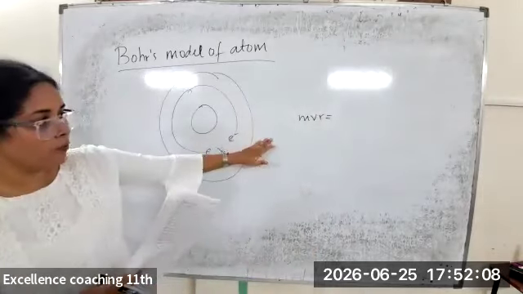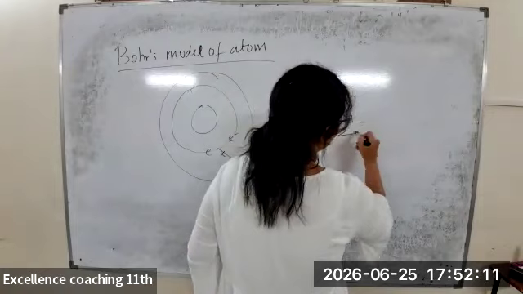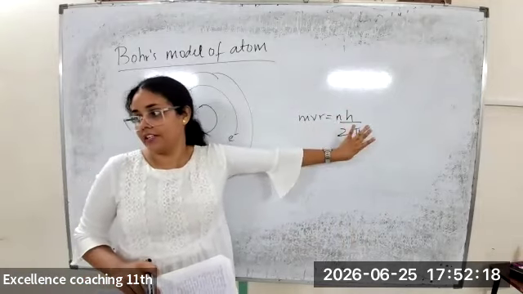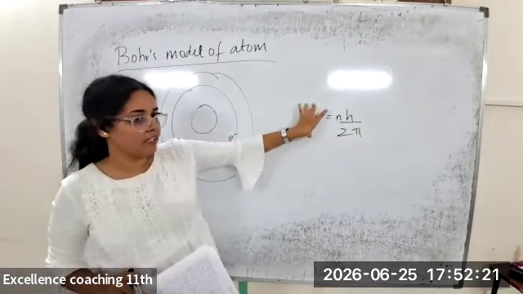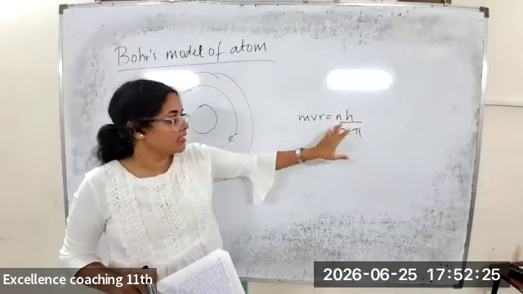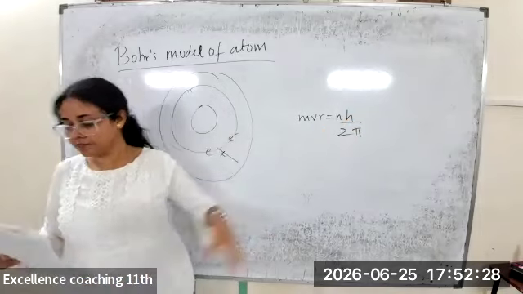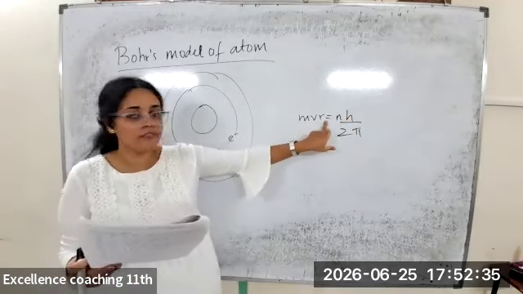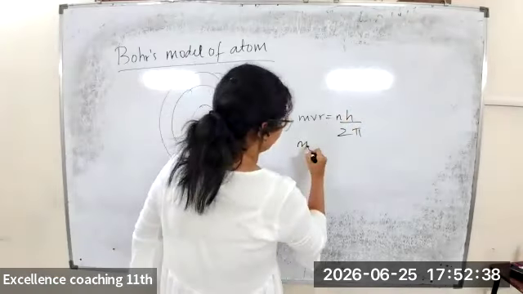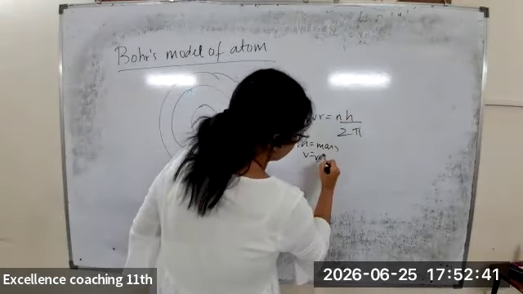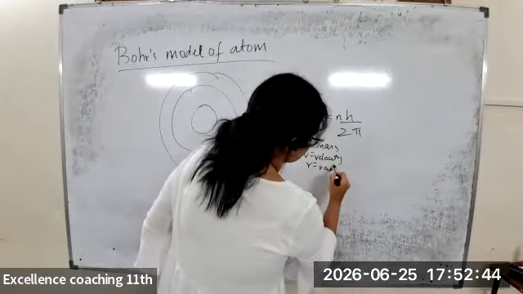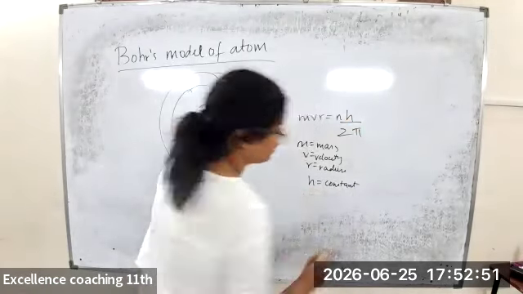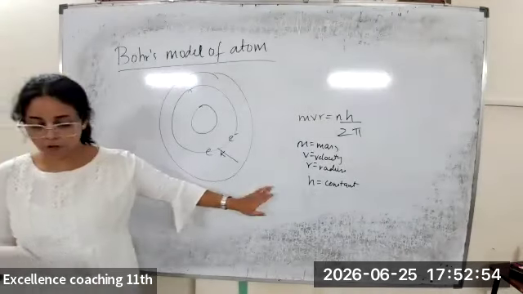So he said that mvr will be equal to an integral multiple of h upon 2 pi, where m is the mass, v is the velocity, r is the radius, and h is a constant, that is Planck's constant. So the fourth one is this.